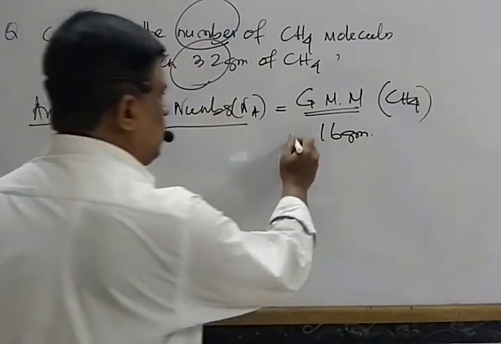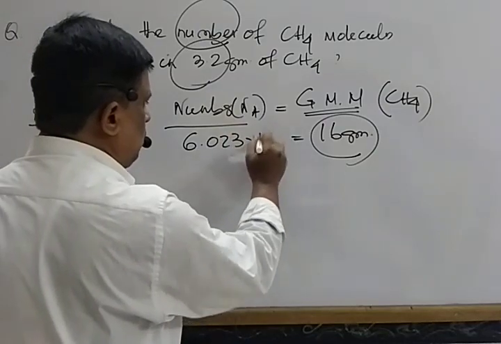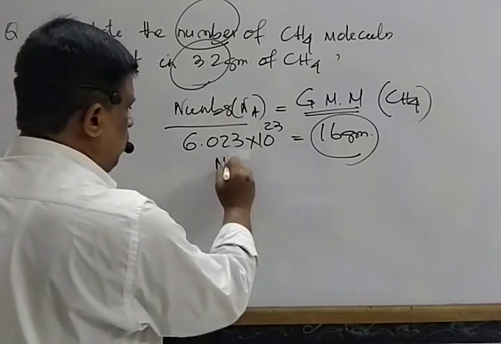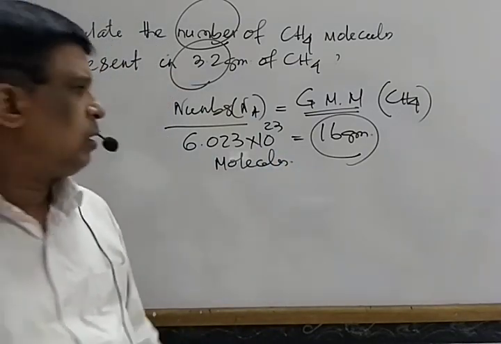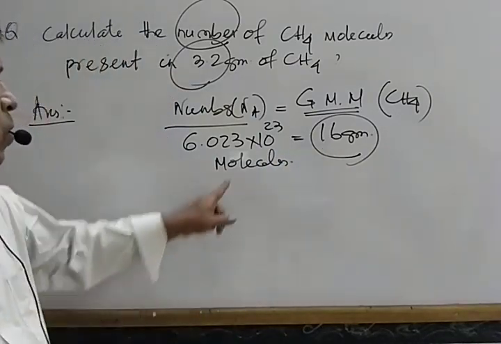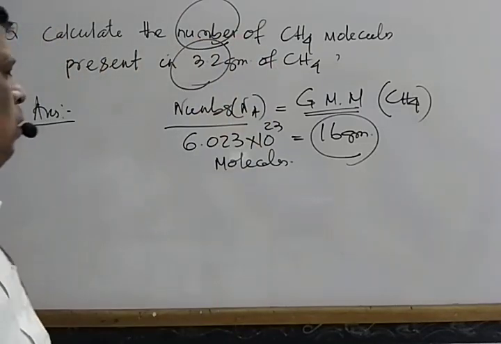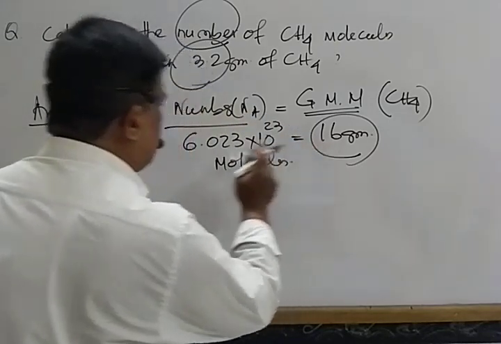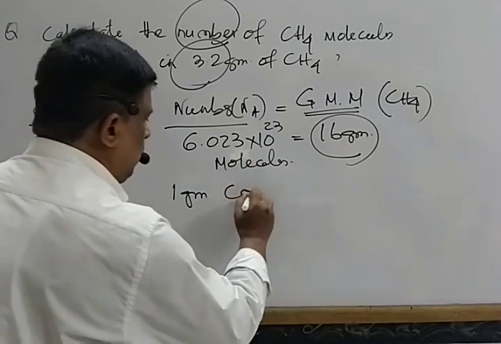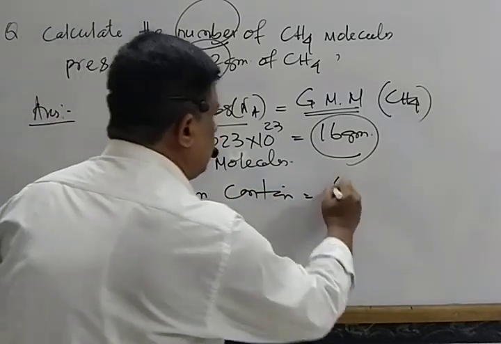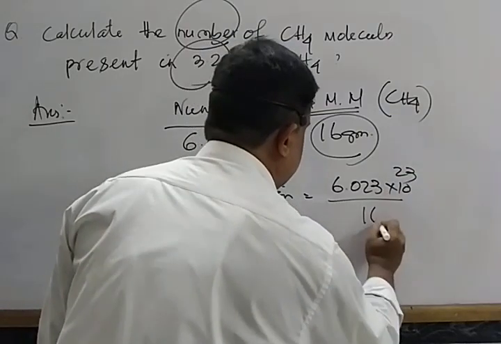So it is clear that 16 gram of methane contains 6.023 into 10 to the power 23 methane molecules. The question is to calculate the number of molecules. If 16 gram contain this number, then 1 gram contains 6.023 into 10 to the power 23 by 16.